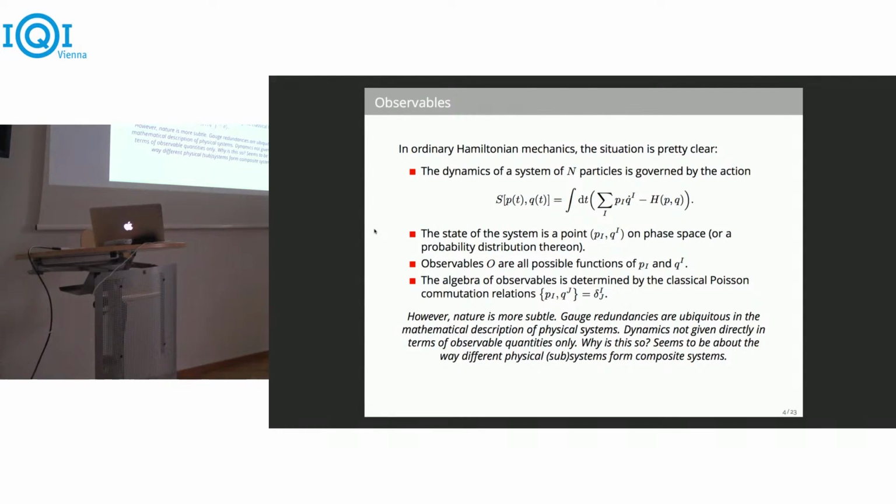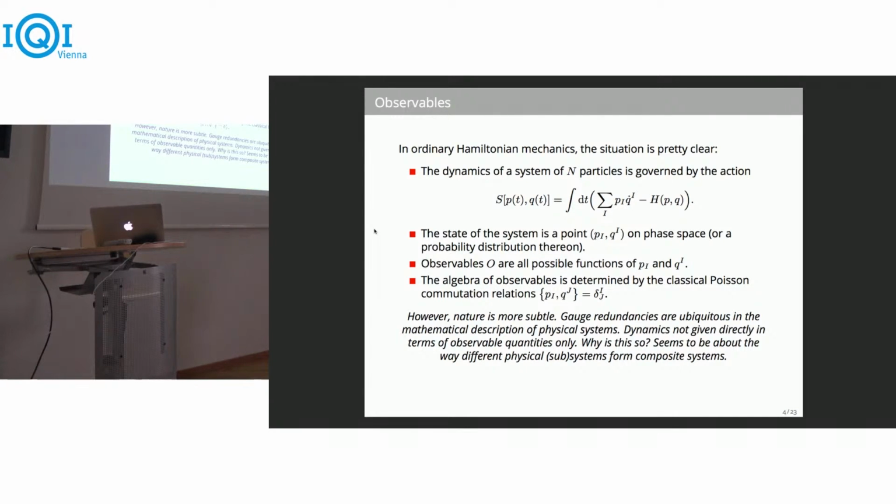However, many systems in nature are more complicated, more subtle than that, because often we don't have direct access to observable quantities altogether. Rather, the dynamics is formulated in a gauge redundant way, in terms of gauge dependent variables.